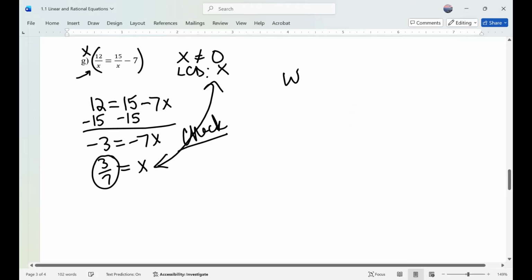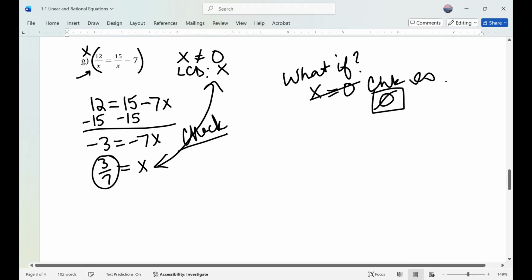So let's do another what if. Say, for instance, we ended up with x equals 0 in the answer. When we check it, that would not work, so our answer would end up being no solution. And when I say check, I mean check with the extraneous. All right, so another what if.